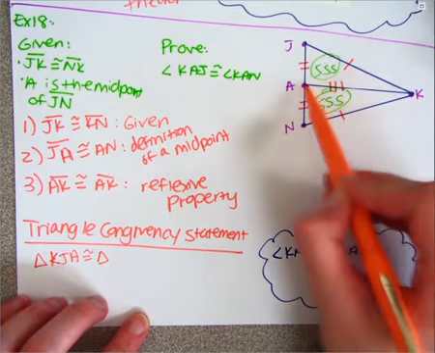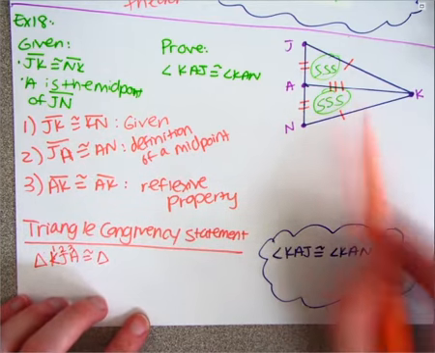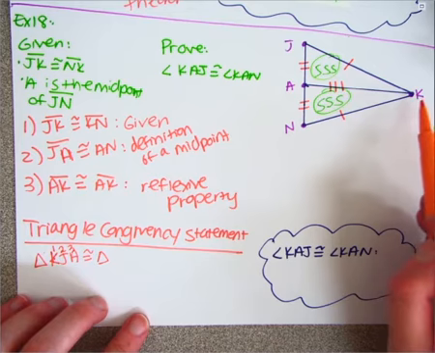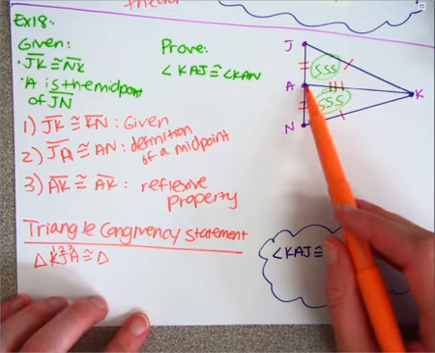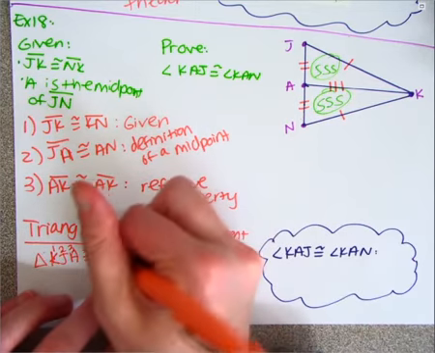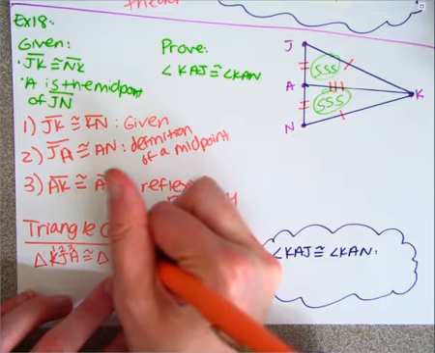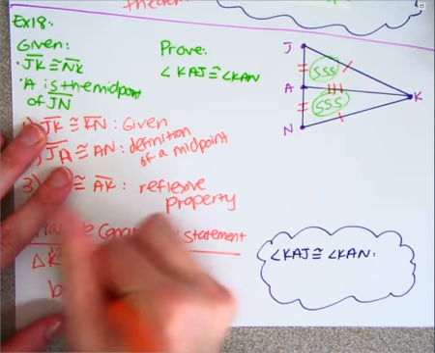So 1, 2, 3. Okay, so if I want to name this bottom triangle going from one tick mark to two to three, well, that would be KNA. I go from 1 to 2 to 3, so KNA also goes 1, 2, 3. Yay! And they are congruent by SSS.